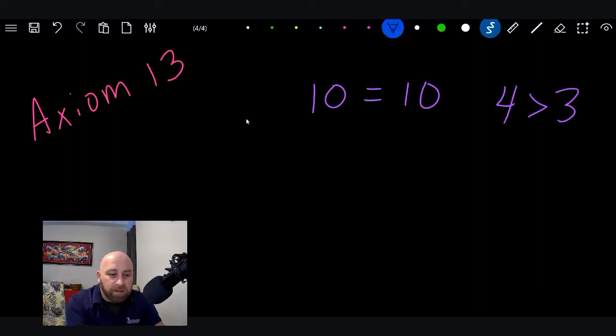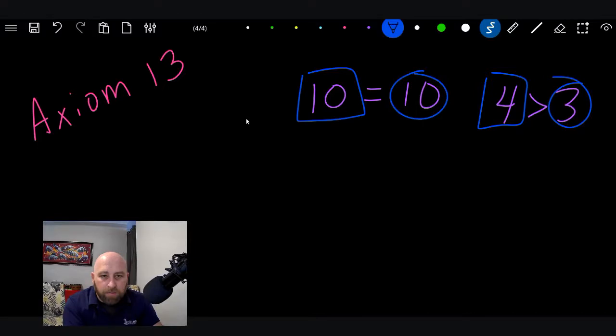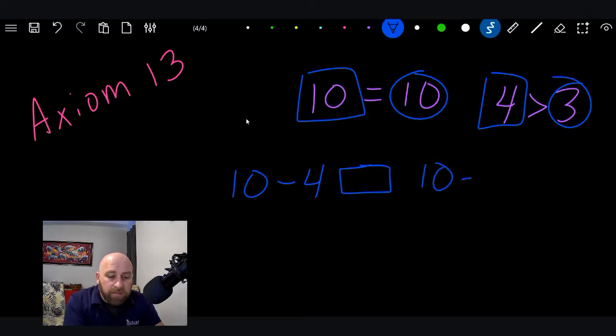So let's subtract the 4 from this equal and the 3 from this equal. Let's see what that looks like. 10 minus 4 is, well, we don't really know right now. Then 10 minus 3.